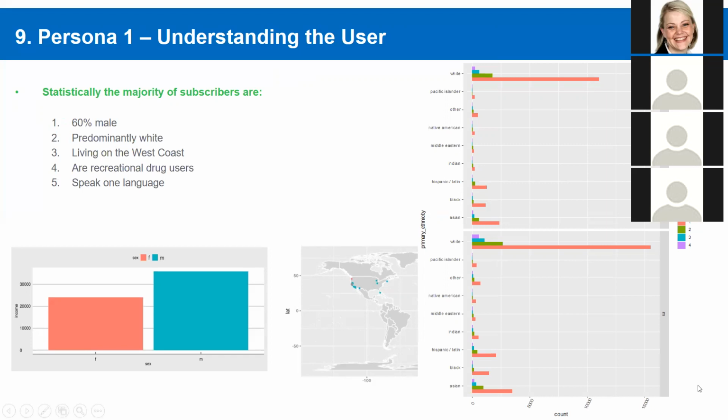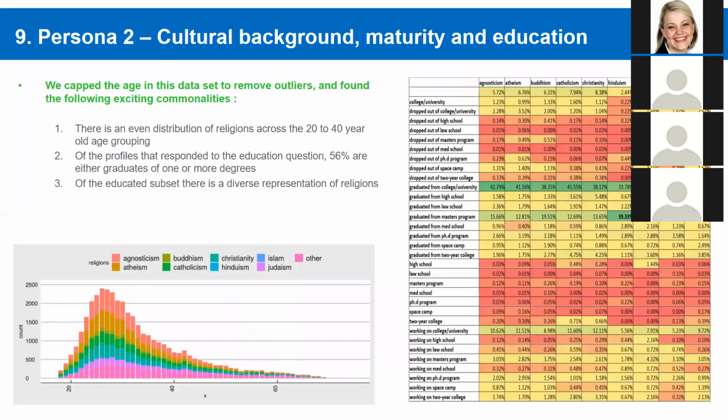So my colleague can take over persona 2. So here we wanted to look at the cultural background, the education of most of our profilers, our profile users, so that we could get a better sense of that.